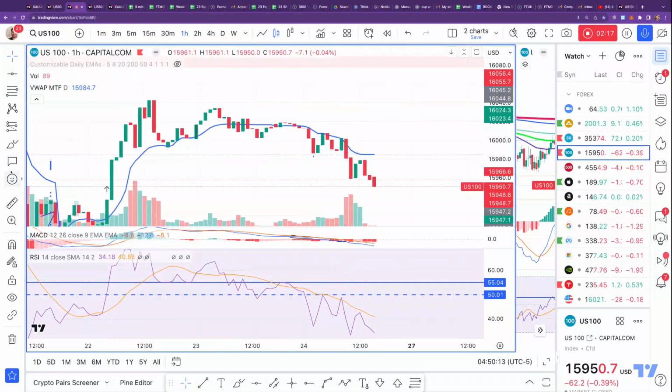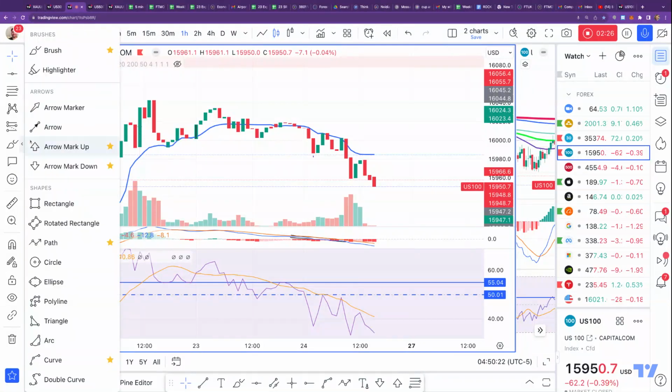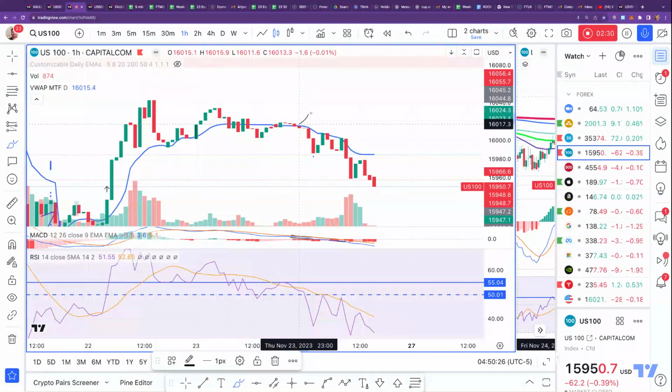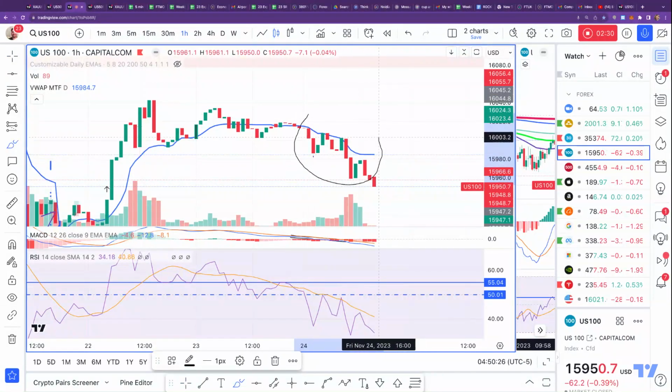So this section of time, from about 8 o'clock in the morning to about 11 or 12 noon, is the best time I think to trade, just because the volume situation is better. That would be this area right here.